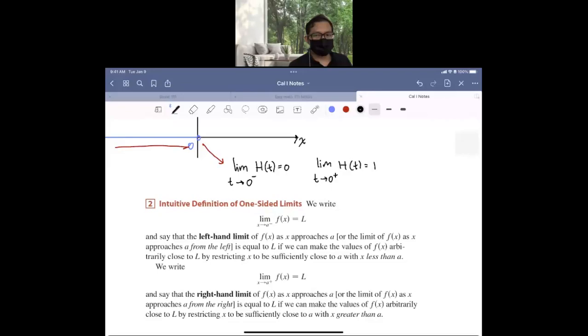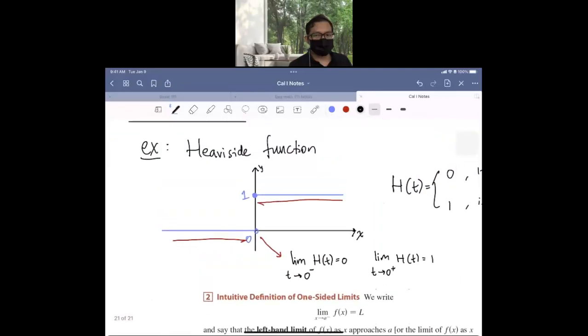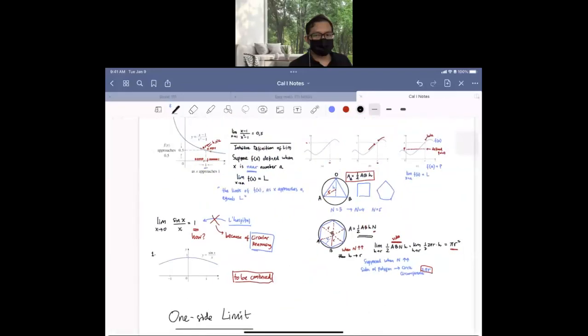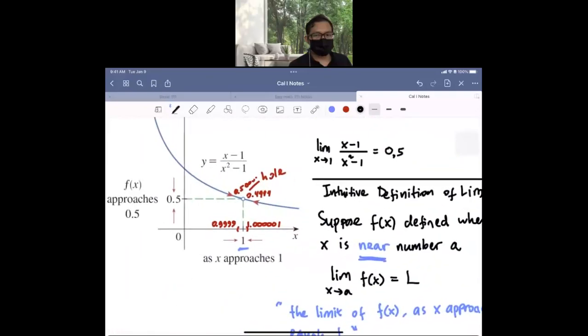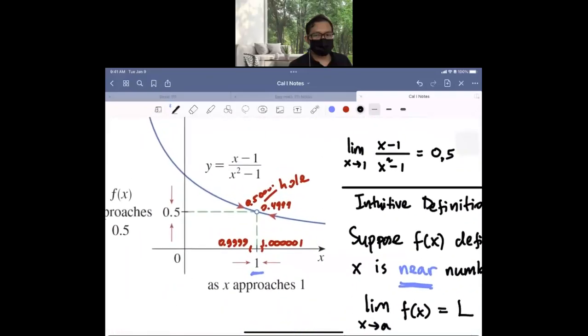The first thing is, if we look at the previous limit, let's go back to the first example. We are approaching from the left, we are approaching from the right, and it seems the same value. And then we can just conclude the limit will be L, or in this case, 0.5.